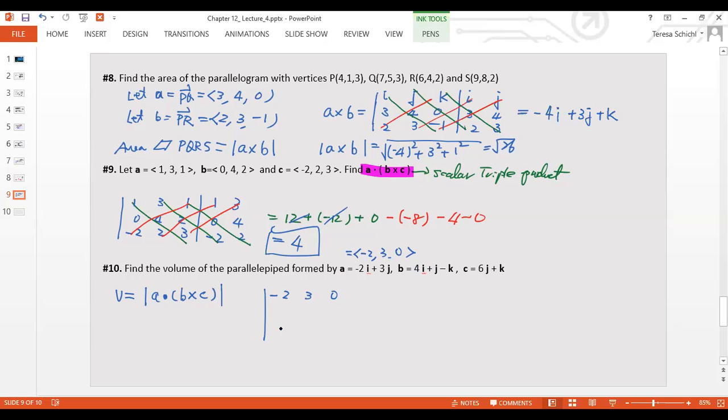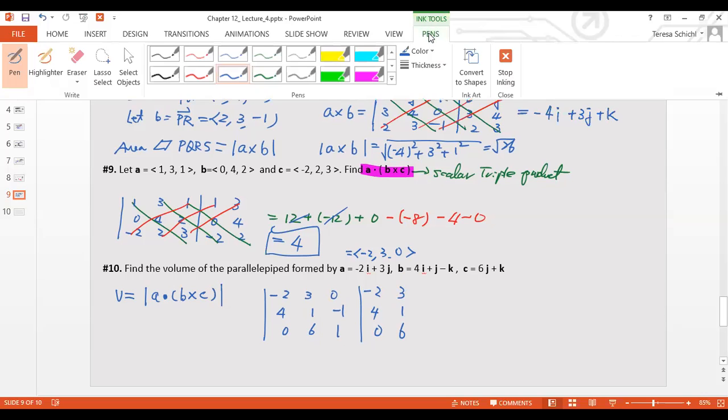B is 4, 1, negative 1. C is 0, 6, 1. Then the same way, we move the first two columns out. Let's double check that we got all the numbers right: negative 2, 3, 0, 4, 1, negative 1, 0, 6, 1.